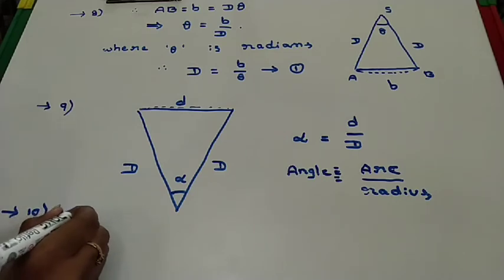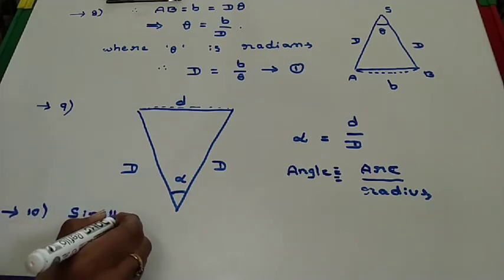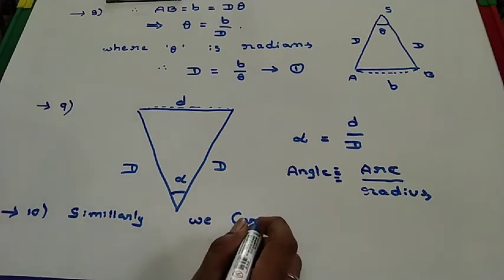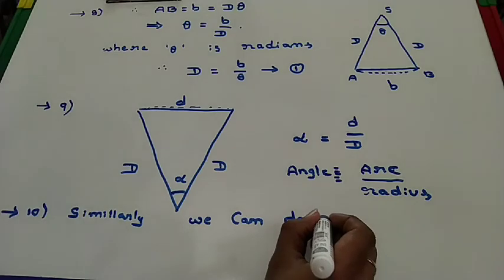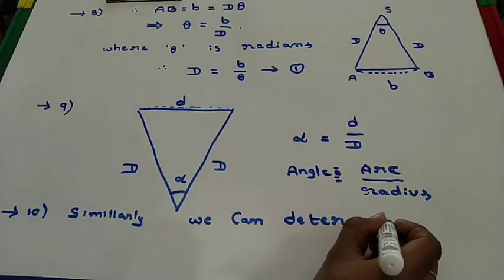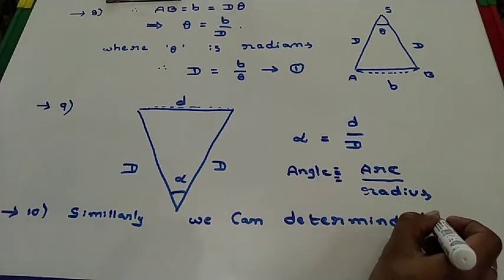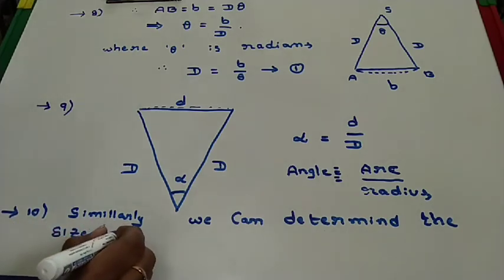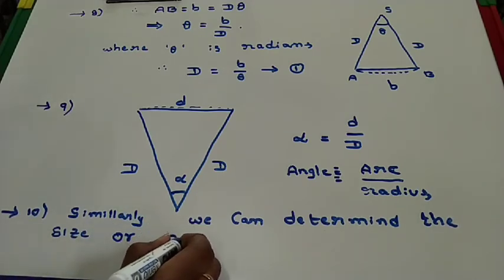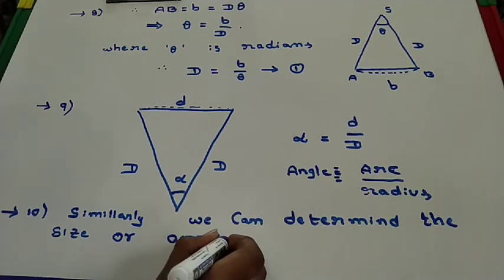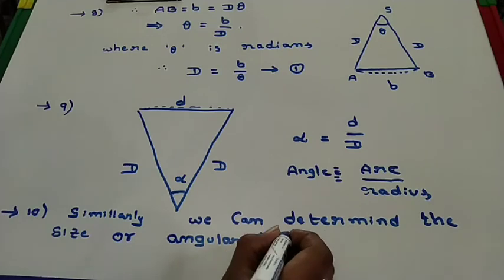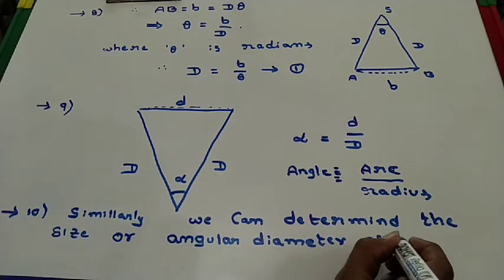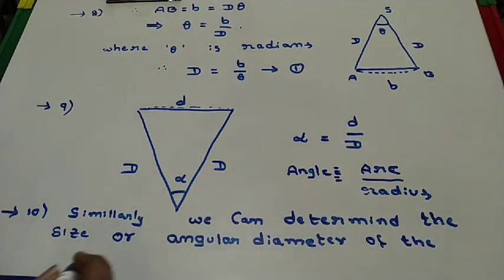That means point number 10. Similarly, we can determine the size or angular diameter of the planet.